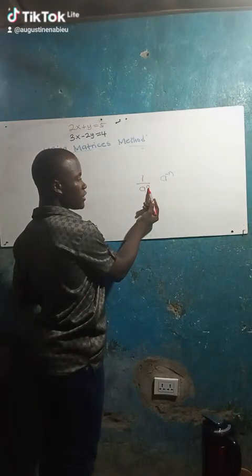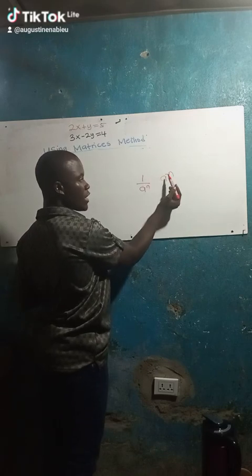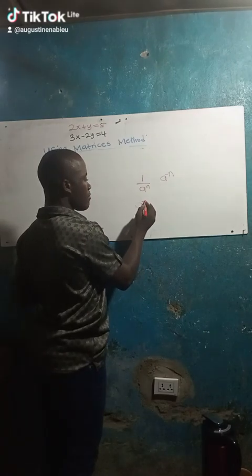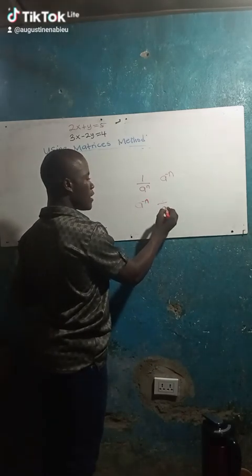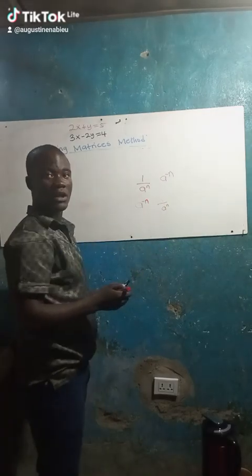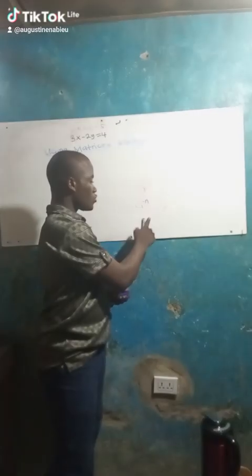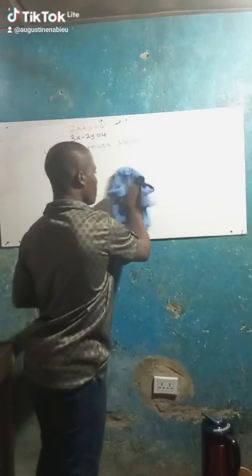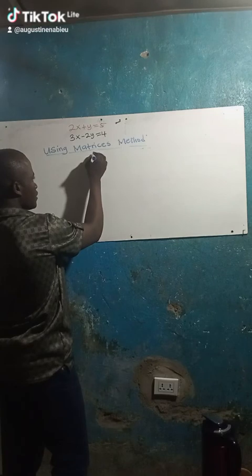Similarly, a to the minus n can also be written as 1 over a to the n power, the inverse form, because we'll be using some inverse laws to solve numerous problems today. So, taking all of this into consideration, I am now going to start solving the problem.